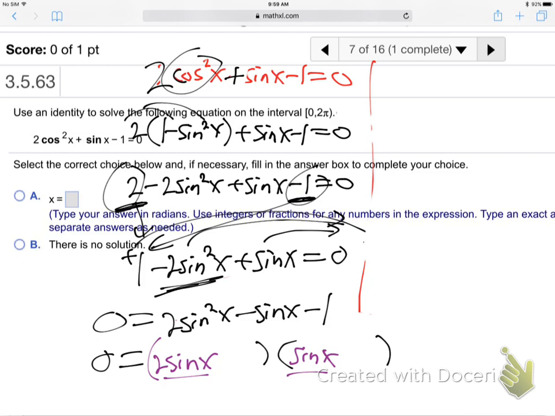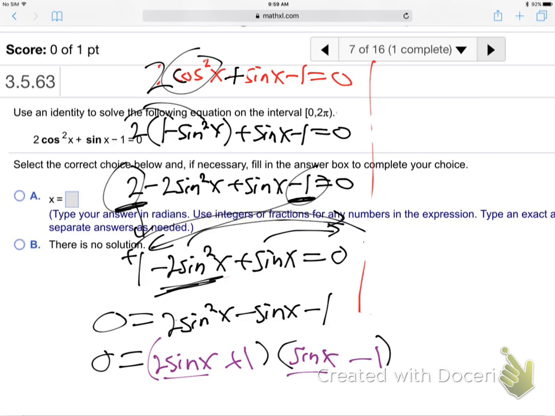Right? Front times front to make front. And then last times last to make last. What times what makes negative 1? Well, positive 1, negative 1, but maybe it's the other order. No, that's actually right. But the only way you're going to know is if you FOIL it out. So that makes sense. I made front times front, and last times last to multiply to be last.